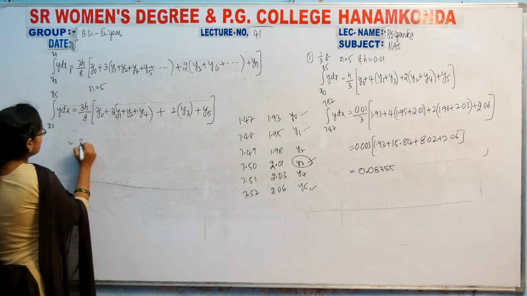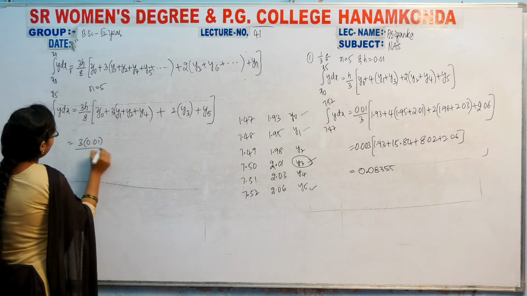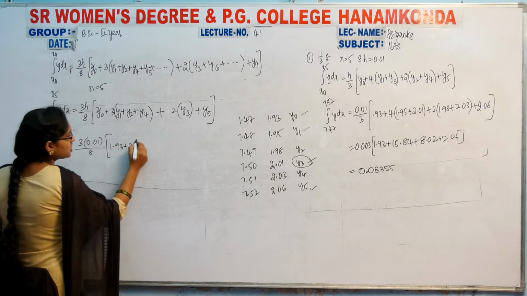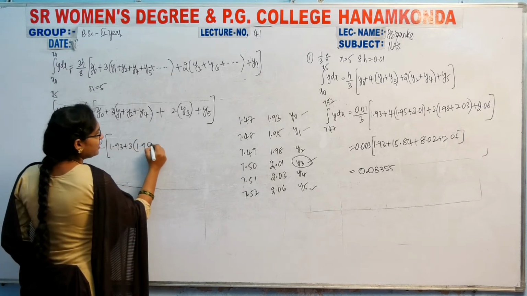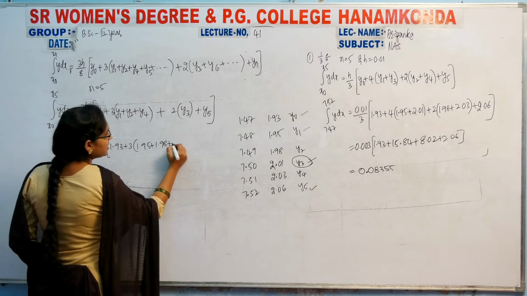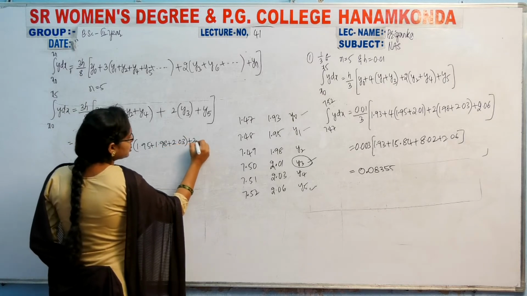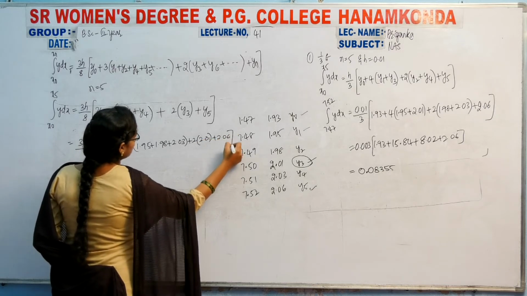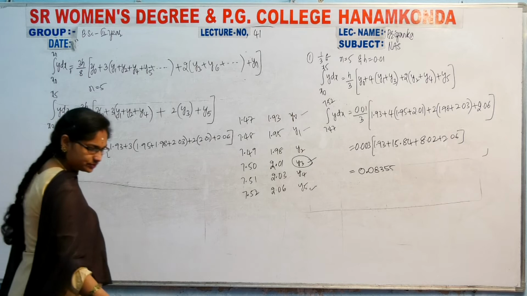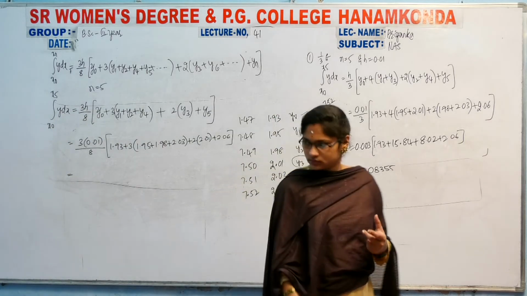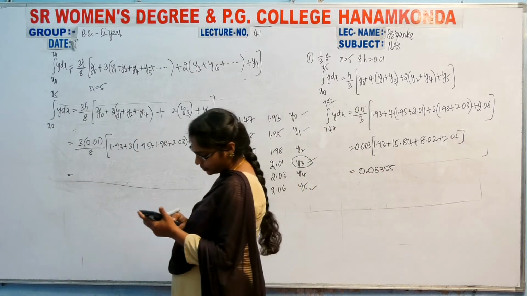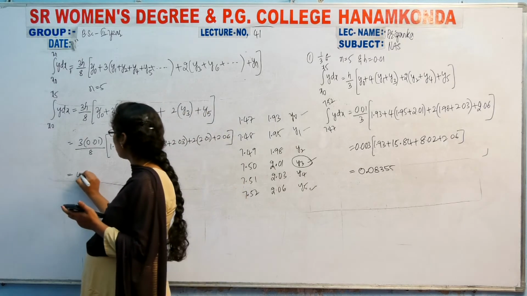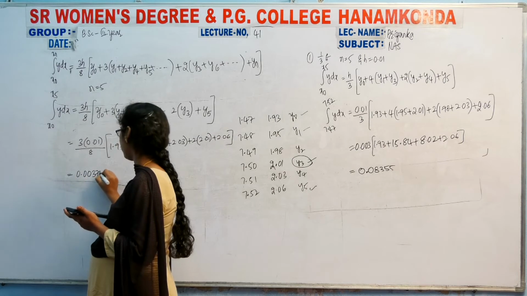So now it is 3 of 0.01 by 8 of y0 is 1.93 plus 3 of 1.95 plus 1.98 plus 2.03 plus 2 of 2.01 plus 2.06. Now 3 into 0.01 divided by 8, 0.00375.